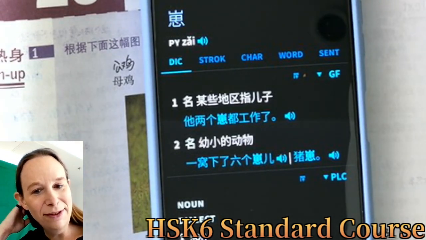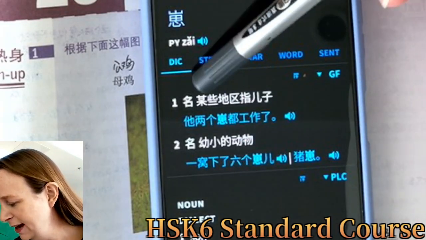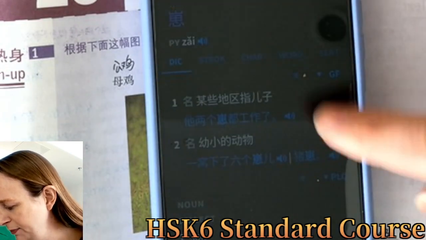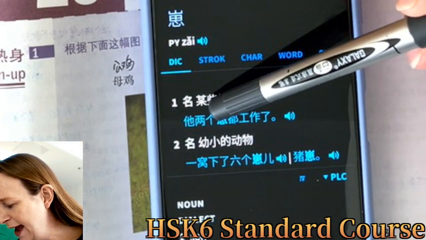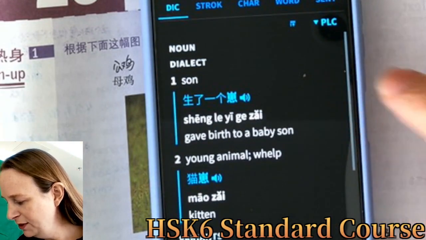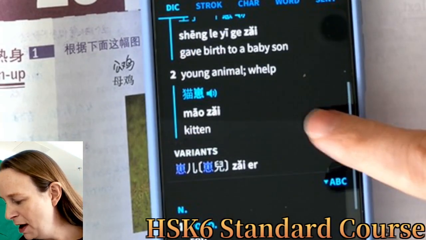Maybe 猪仔 is younger or broader. I'll have to look into that. 某些地区指儿子. 他2个仔都工作了. Okay, I didn't realize. 生了一个仔, but this is dialect. 猫仔.